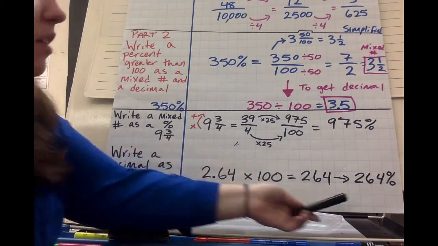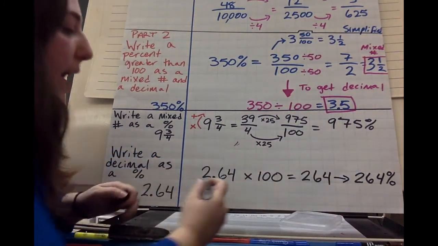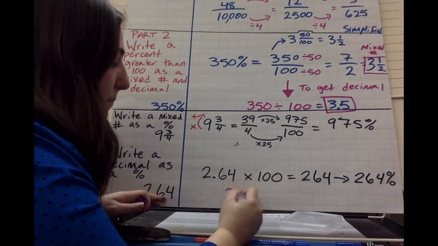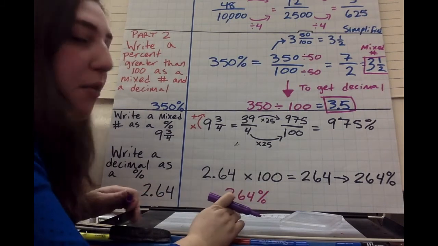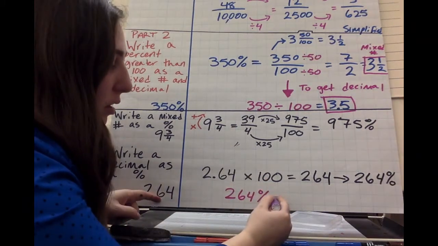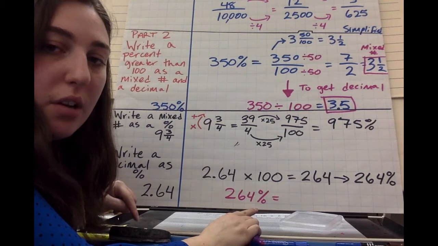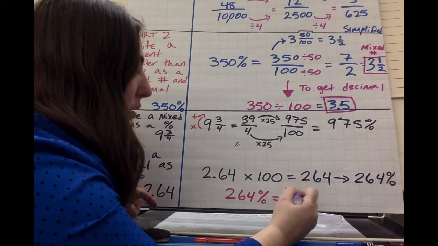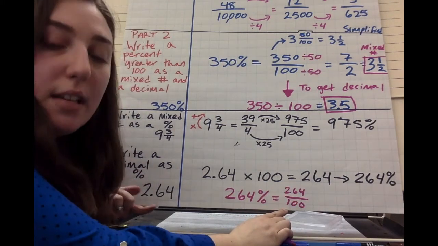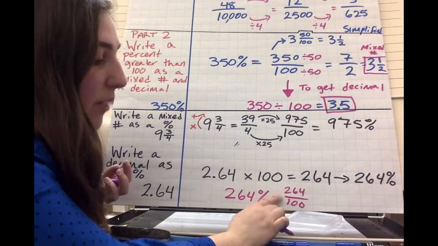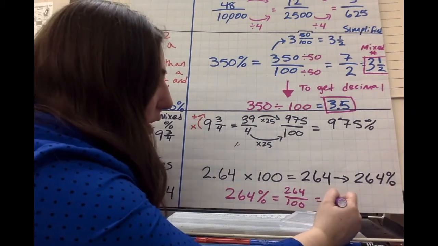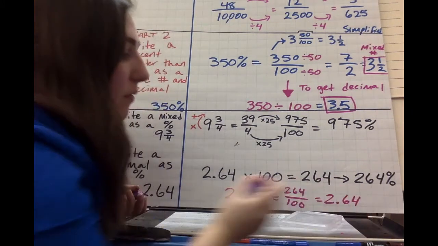And the reason we can do this is if we had, let's say, 264%, and I wanted to turn this back into a decimal. A percent is something out of 100. So if I do 264 out of 100, and I have my fraction, to get my decimal, I just need to do 264 divided by 100 in my calculator, and you get 2.64.